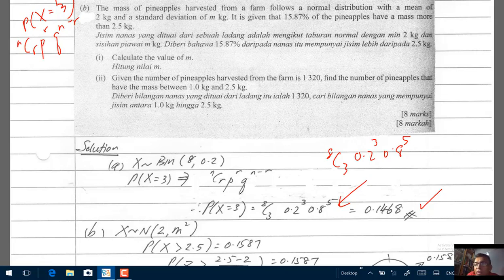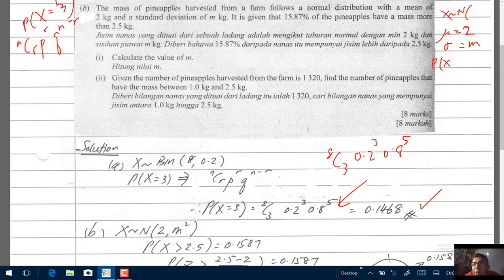Part B. The mass of pineapples harvested from a farm follows a normal distribution with a mean of 2. So let's write it here. Mean equals 2 and a standard deviation of m. So sigma equals m. It's given that 15.87% of the pineapples have a mass more than 2.5. So let's say x represents the mass.